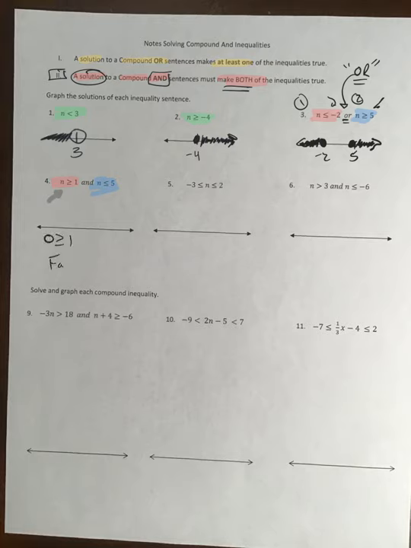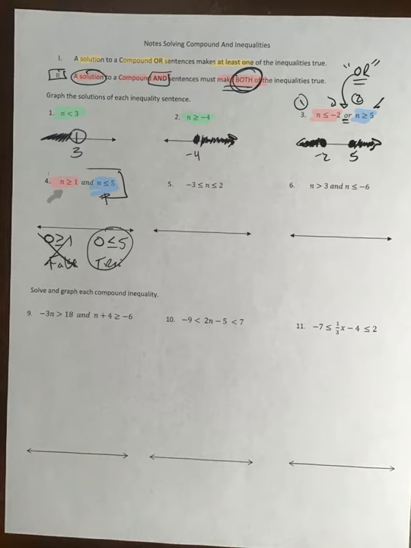That is false. It does not work for the red equation. But what if we plug 0 into the blue equation? Is 0 less than or equal to 5? That is true. So it does work for the blue one, but it doesn't work for the red one. It's not a solution to this compound sentence because it doesn't work for both. It must work for both.